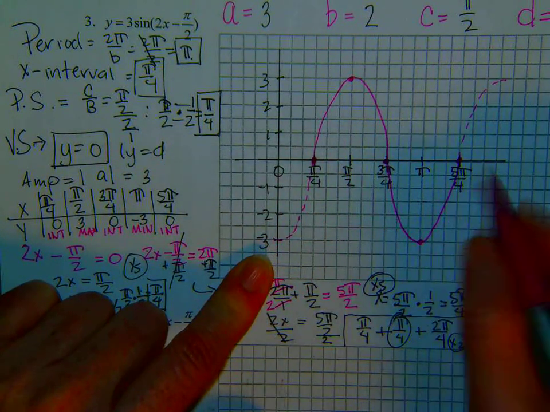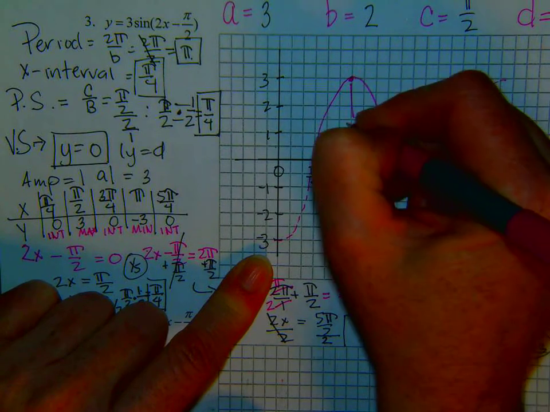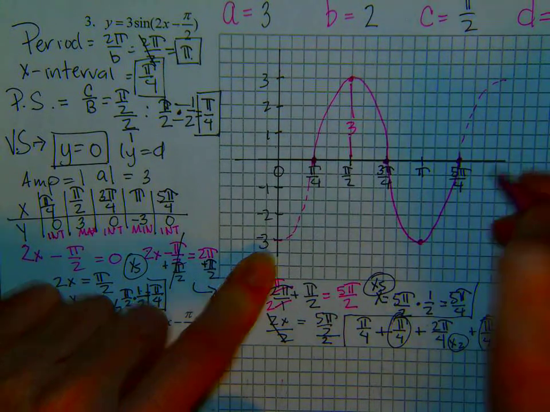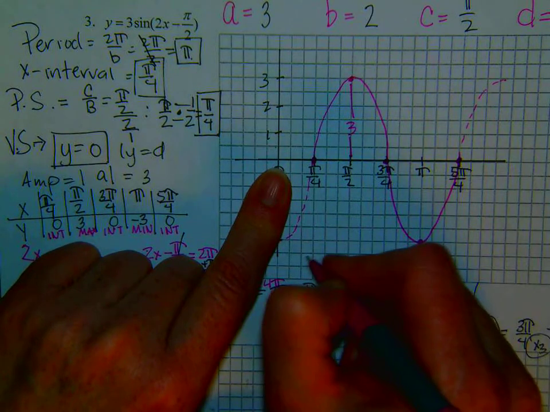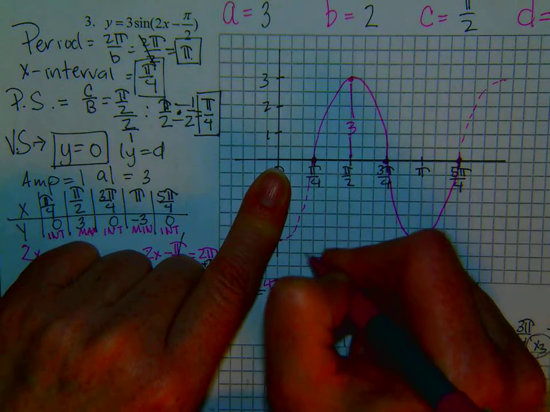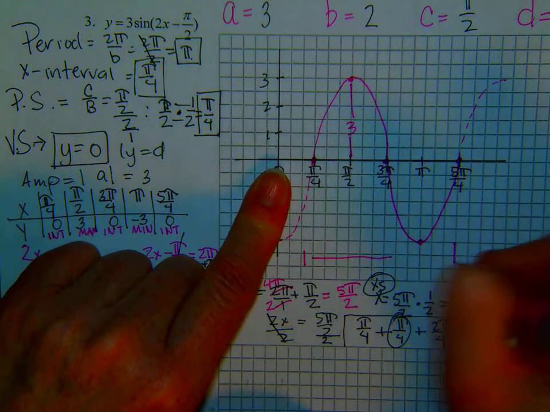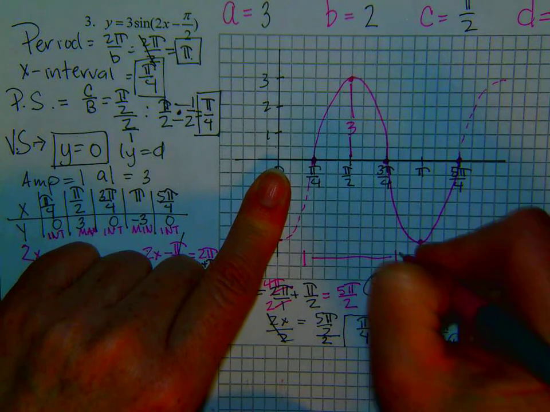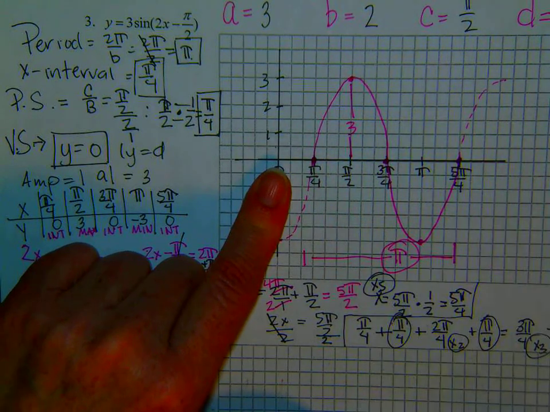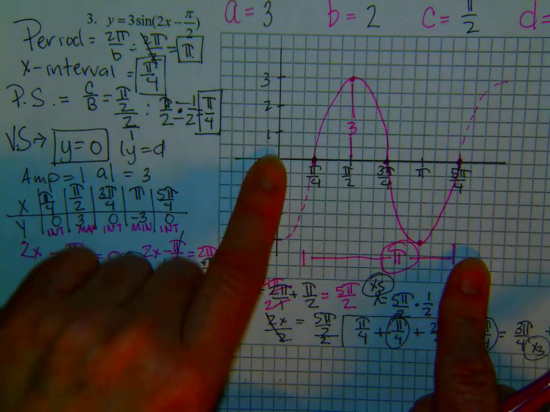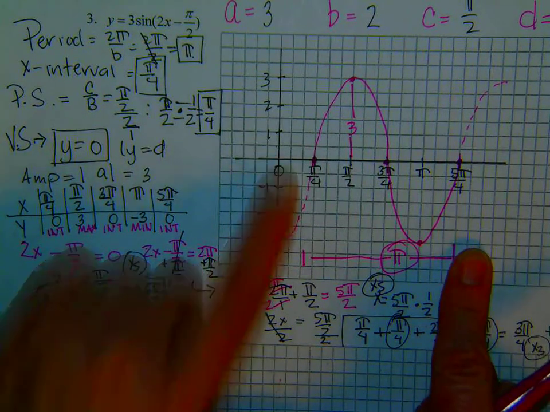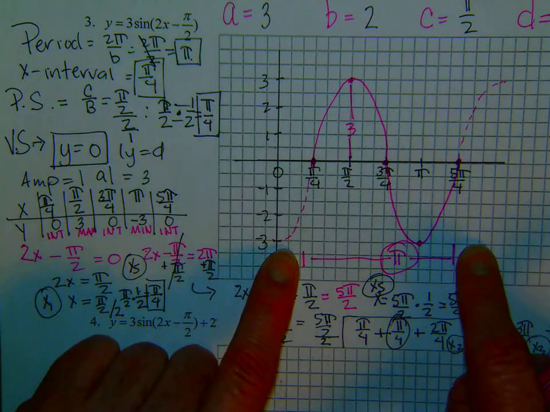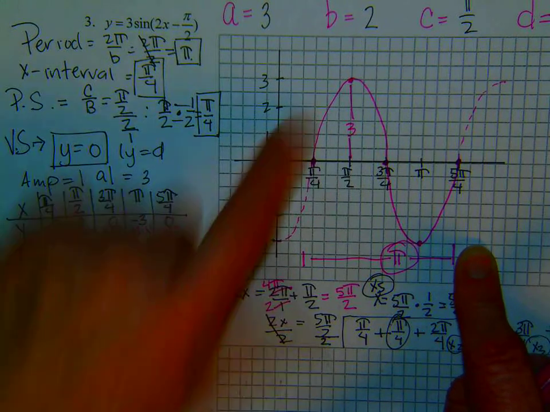I have an amplitude of 3, and the period between pi over 4 and 5 pi over 4 is a total of pi distance. So just realize it is a positive sine curve. One curve occurs in pi distance, with an amplitude of 3.